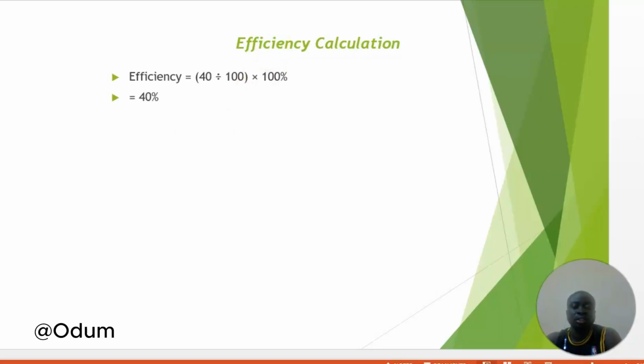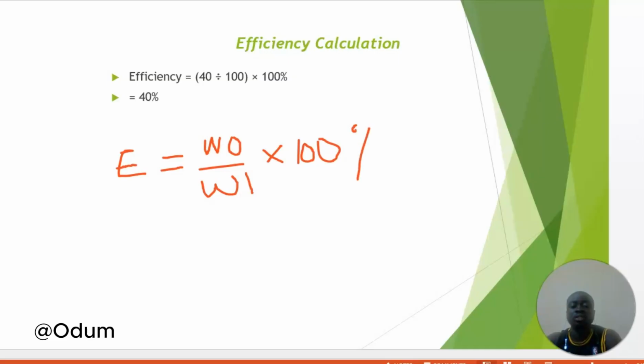Efficiency is equal to our work output, let me use WO for work output, over work input, times 100%. Now I know our work output will be 40.